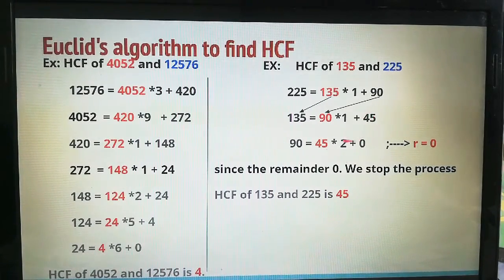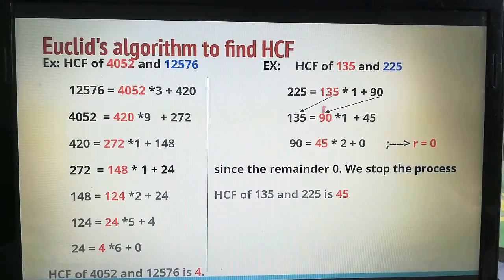So we divide it further. 90 can be written as 45 into 2 and the remainder is 0. So at last we'll get the remainder 0. So we'll stop the procedure and we'll get the answer.